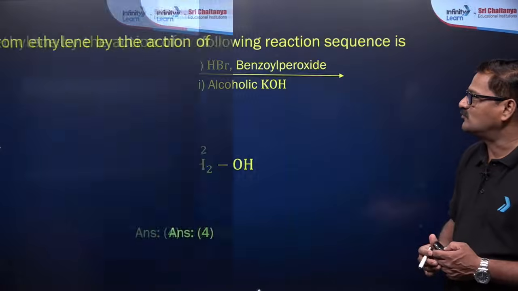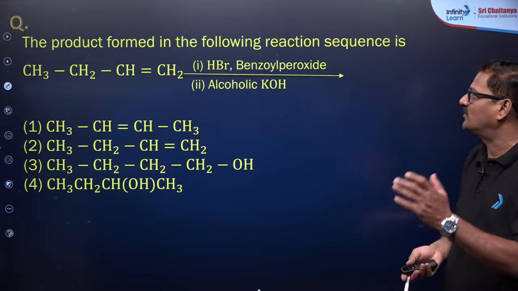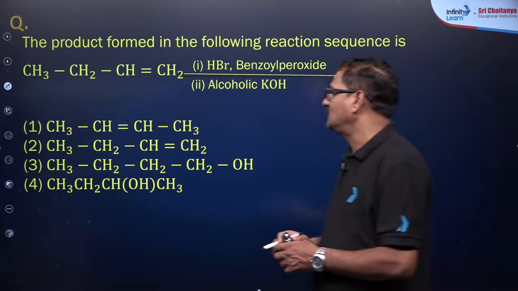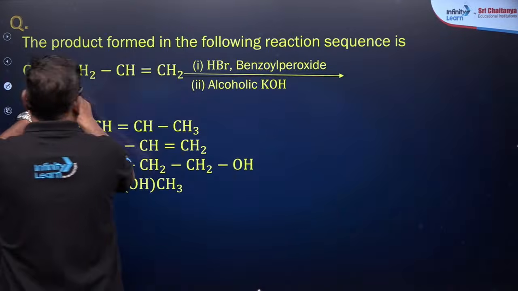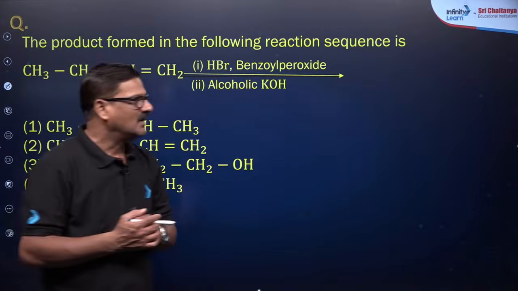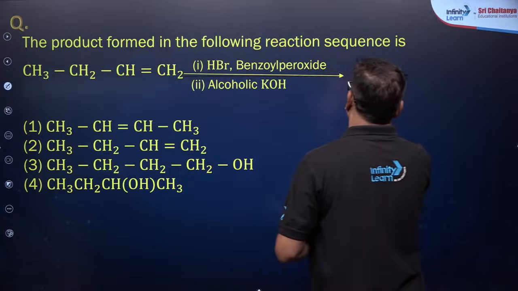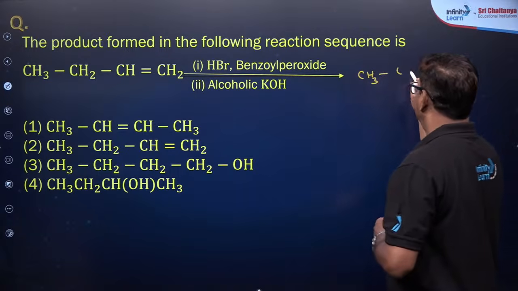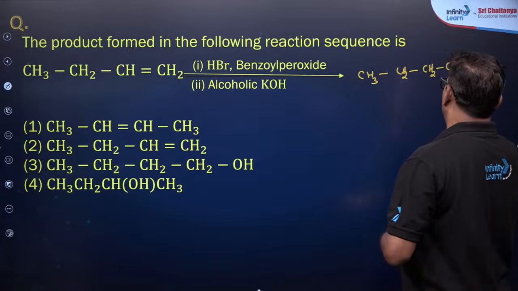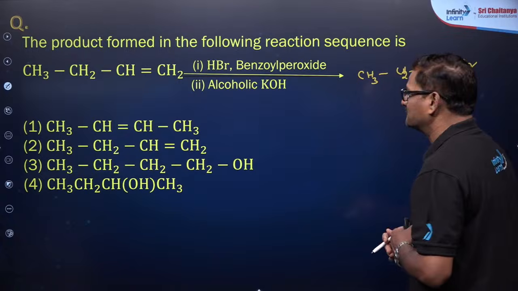Come on, let us see one more question. The product formed in the following reaction sequence. So, this is HBr. When this is treated with HBr in the presence of benzoyl peroxide, क्या होगा? You are going to see CH3, CH2 and CH2, peroxide effect.